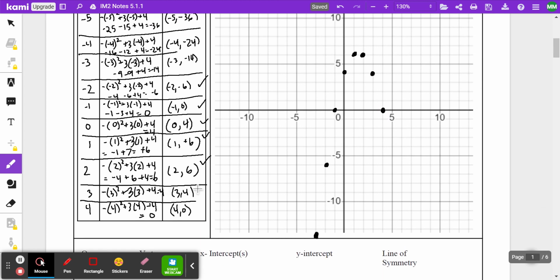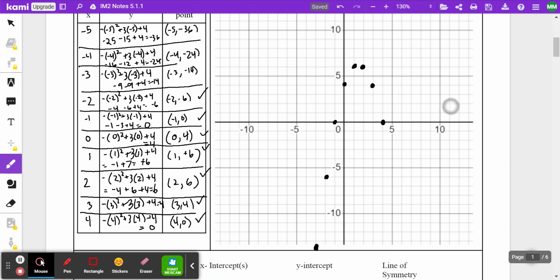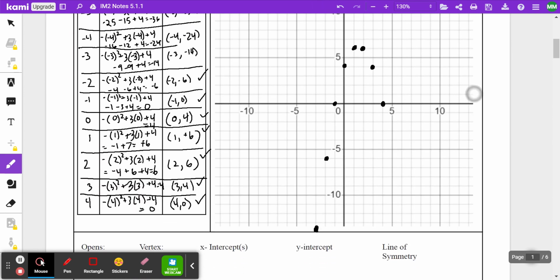So I've plotted all of the points that I found. And what I am really noticing is that even though I haven't calculated any more points on this side, just based on how it looks, these are symmetric, like it's a mirror image, I think I can plot the next point.